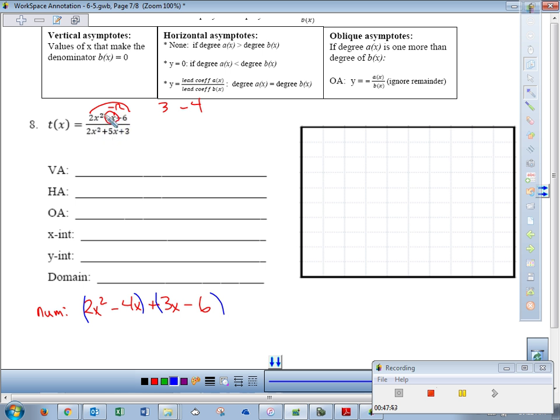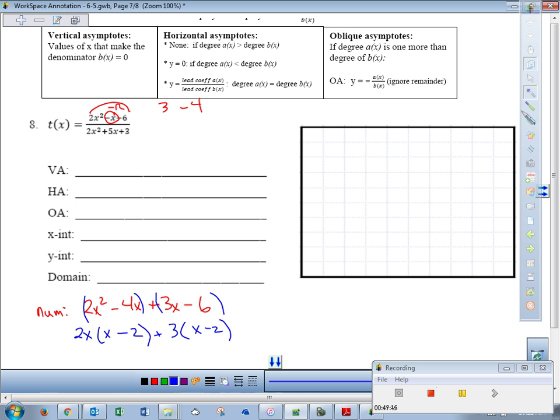You all with me? 2x squared minus 4x plus 3x minus 6. Taking out 2x. What can you take out of the second group? 3. There you get x minus 2 back both times.